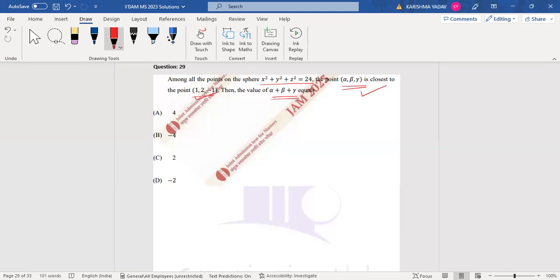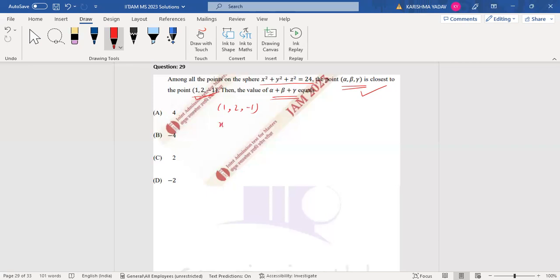So the first thing that we have to know here is where this point 1, 2, minus 1 is lying. Whether it is outside the sphere, inside the sphere, or on the sphere, we don't know. Let's just find this out.